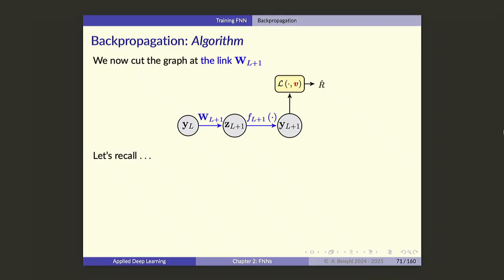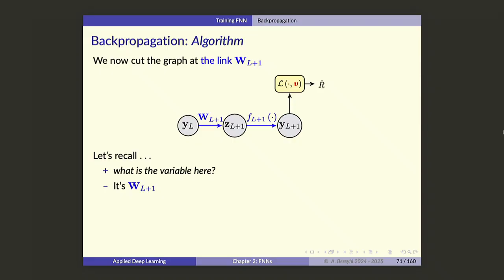We want it on the circle, in the node, right? But can I just replace it in the node? Yes. I mean, z_{L+1} is this matrix times y, right? I can replace this matrix inside the node and put y on the edge, right? Again, the matrix times y is z_L, right? Everybody's clear, right? So I can do it, that's going to be fine.